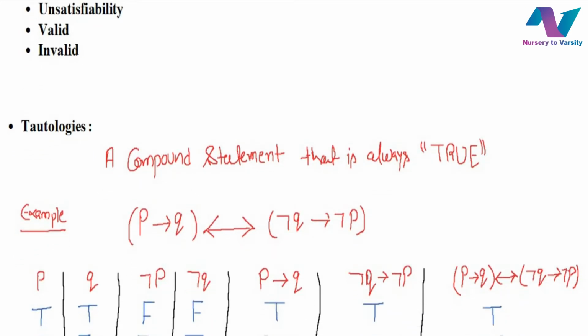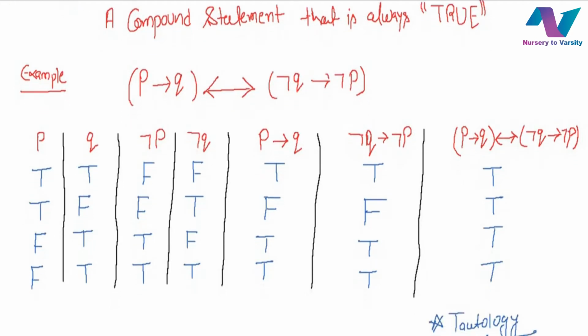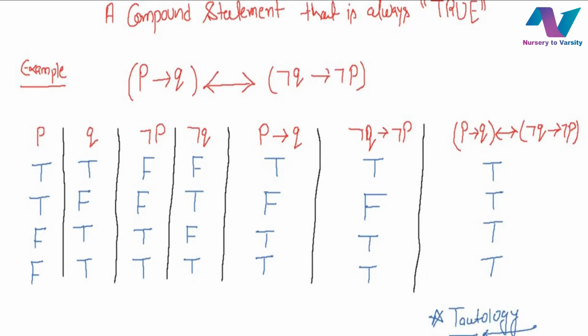Here is one example: P implies Q, equivalence, negation of Q implies negation of P. To solve this, we draw the truth table, and if we find all true in the last column, then we say that this is a tautology. After the calculation, we find all true in this last column, so we say that the given statement is a tautology.